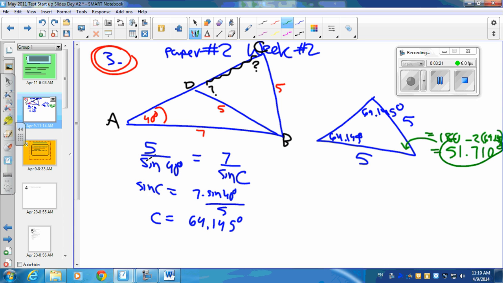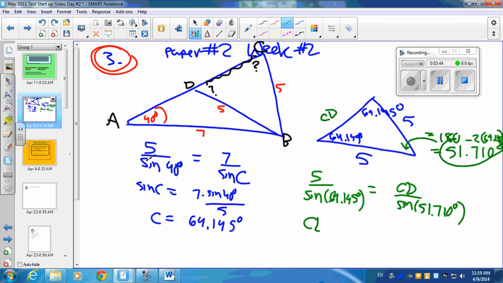And now if we want to know this length CD, all we have to do is go 5 over the sine of 64.145 degrees is equal to CD over the sine of 51.710 degrees.